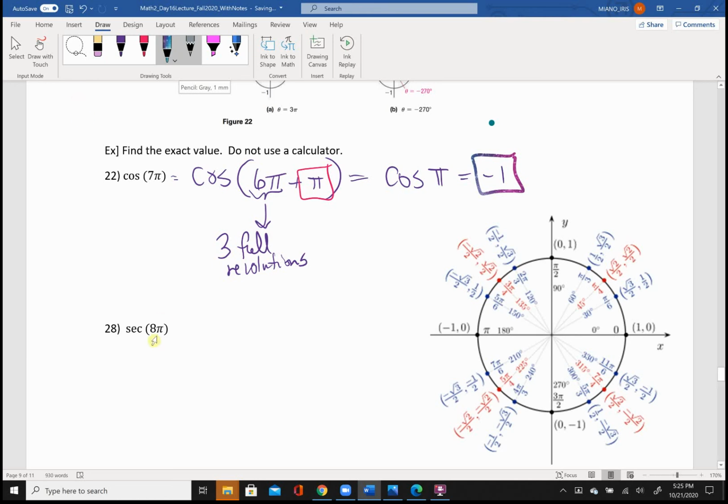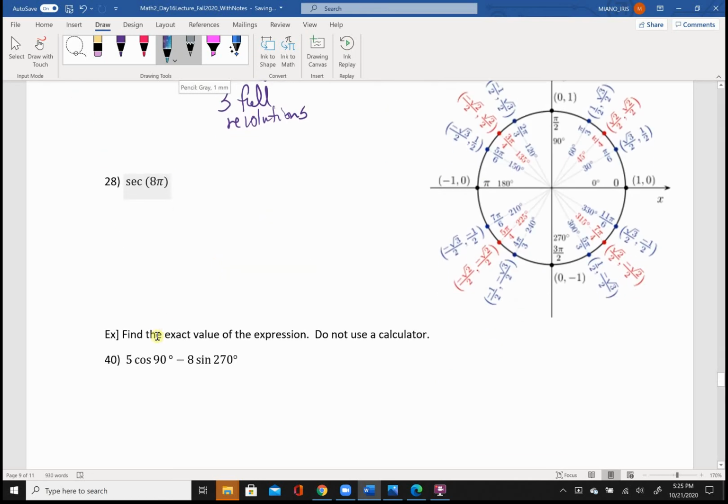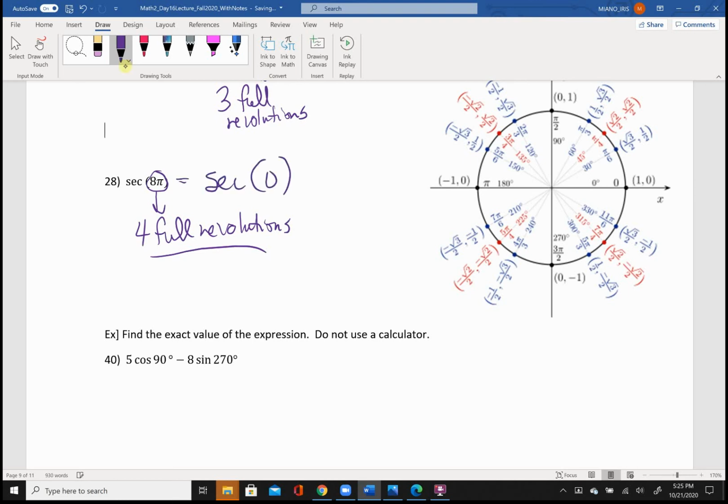Okay? Now, cool. So now let's go ahead and up the ante on the difficulty level and talk about the secant of 8 pi. But wait, it's actually not that crazy, because 8 pi is just 4 full revolutions around the unit circle. So this is going to be equivalent to secant at the starting position, 0 radians, right? And what is the secant of 0?